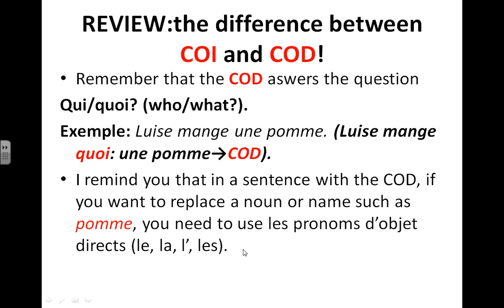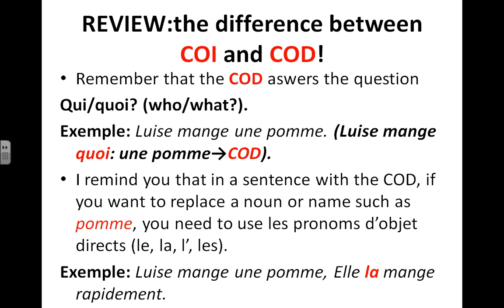One of these has to replace pomme. Louise mange une pomme: elle la mange rapidement. La substitutes pomme. Pomme is feminine, so la is the right pronom d'objet direct.